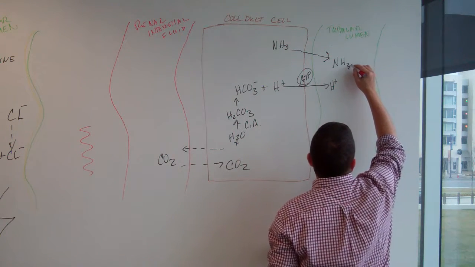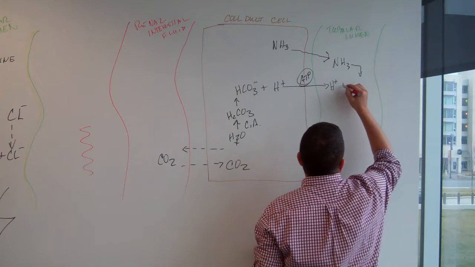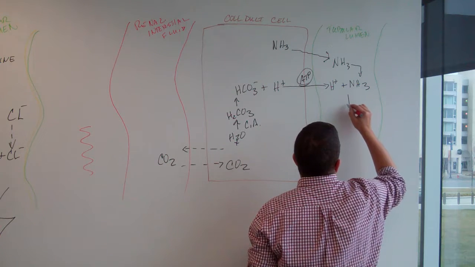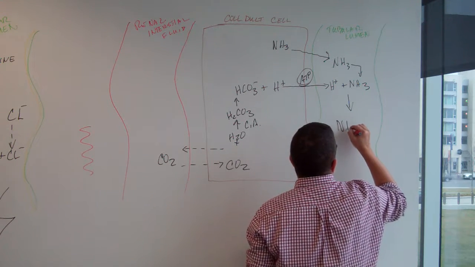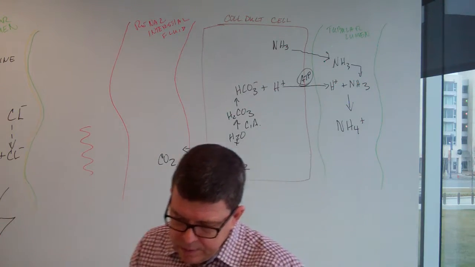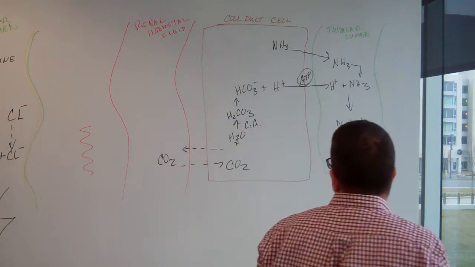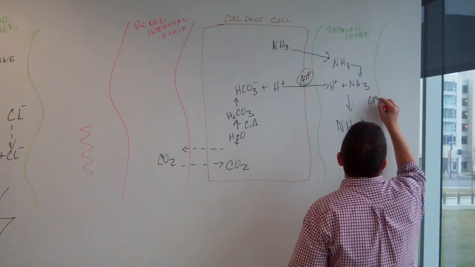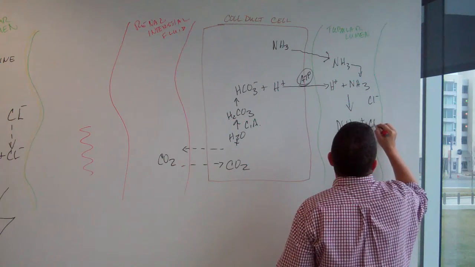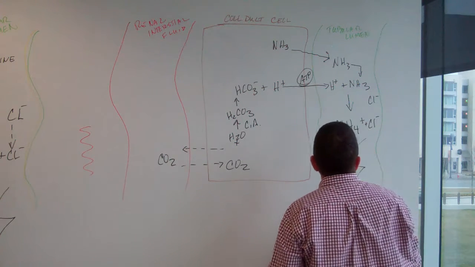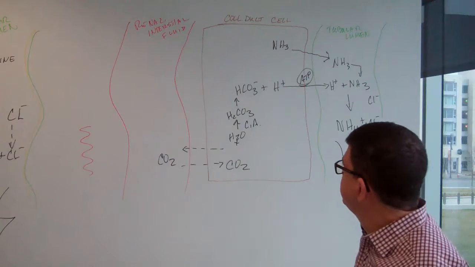So the ammonia is combined with the hydrogen ion, and this forms ammonium, NH4+. And this will combine, just like it did in the proximal tubular cell, with some already present chloride. So, bottom line is, out it goes to the tubular lumen.